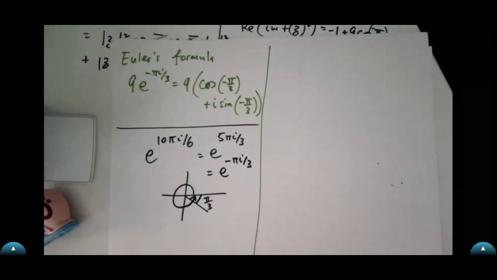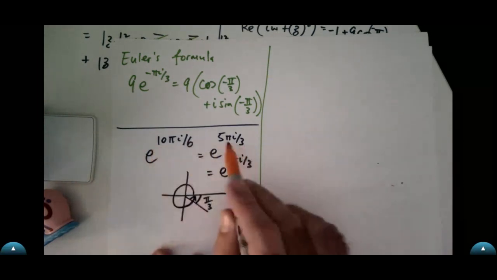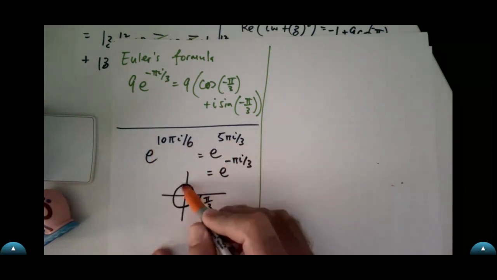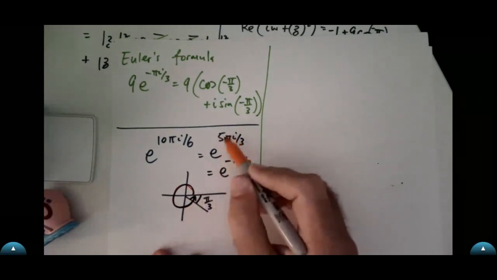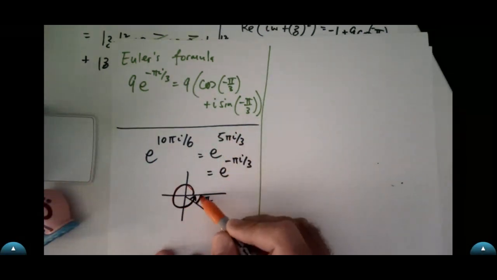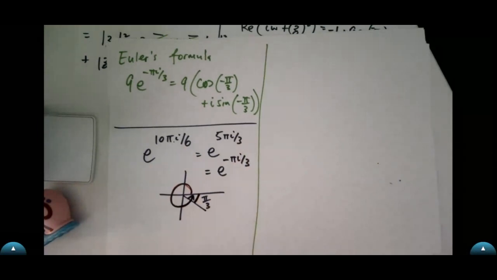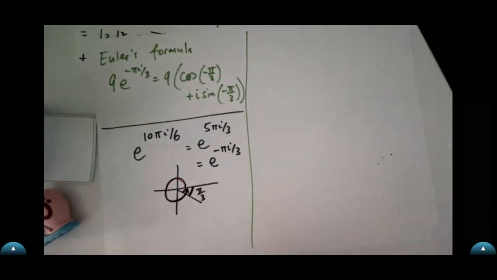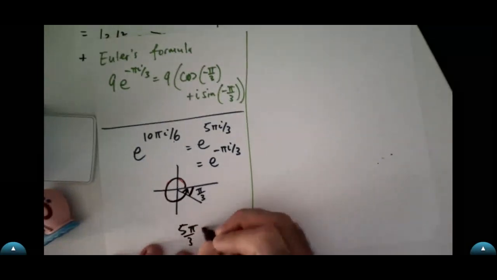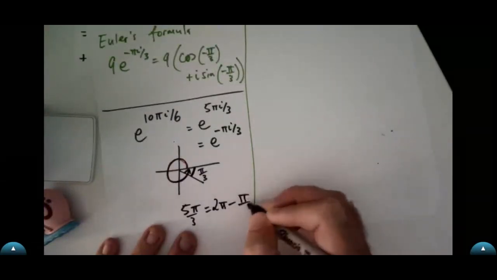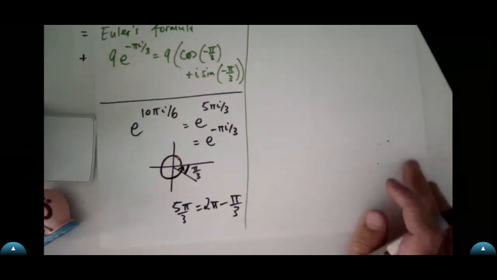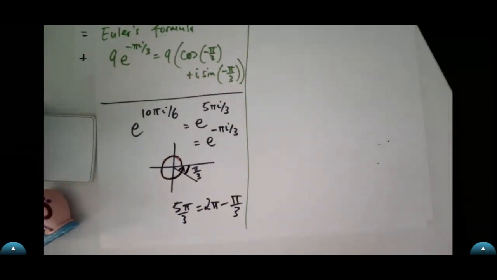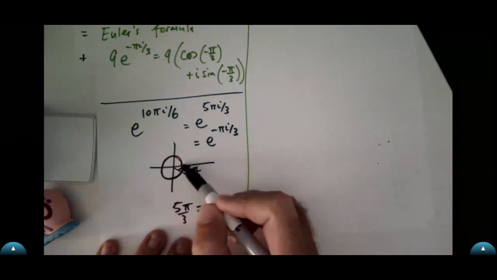Rahul, am I making sense there? The way I did it, I just simplified and realized that's 2 pi, and then take away pi on 3, because 5 pi on 3 equals 2 pi minus pi on 3. If it was a full 2 pi, you would go all the way around.